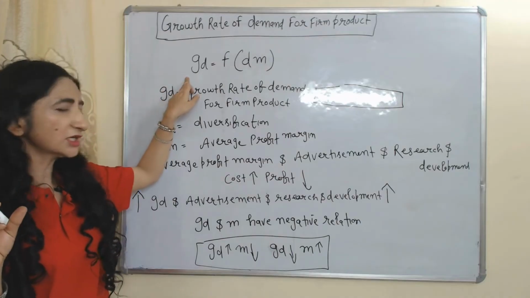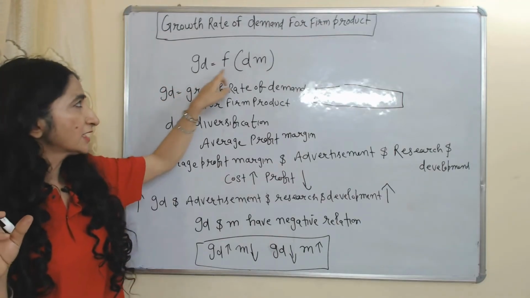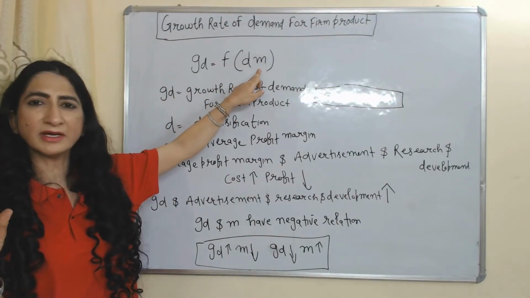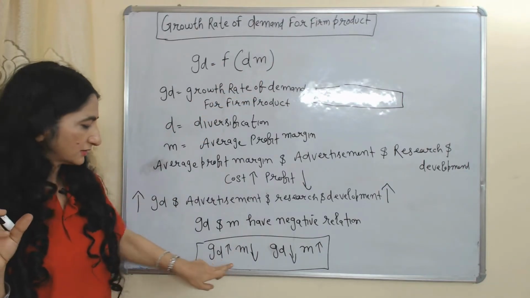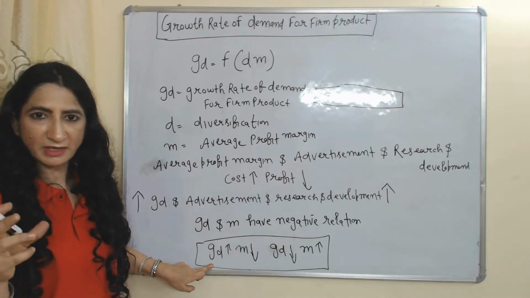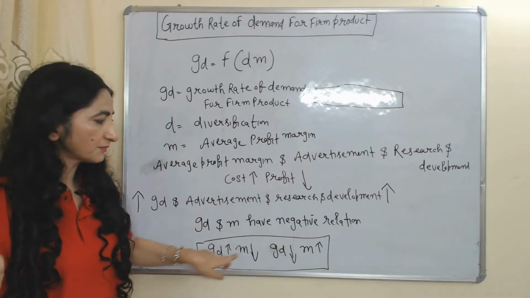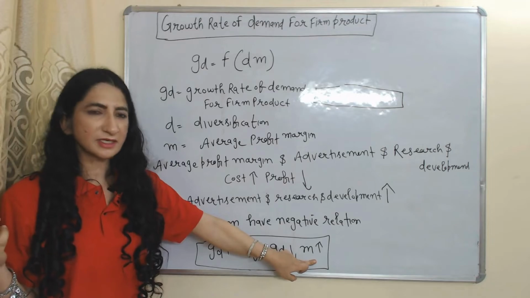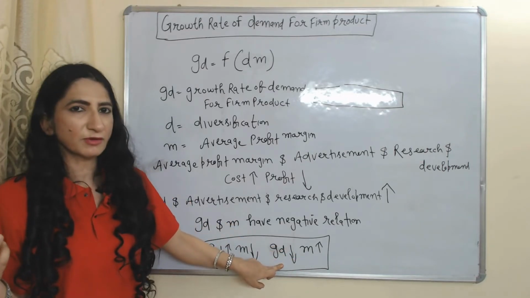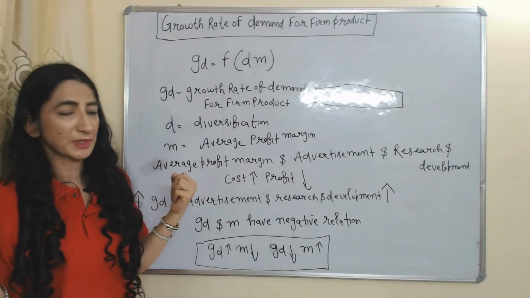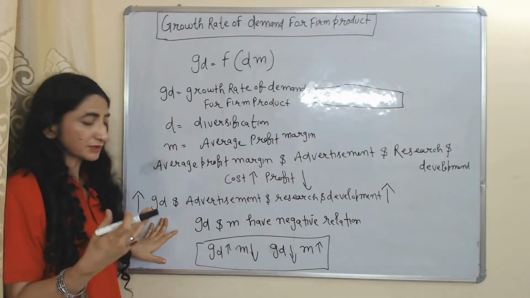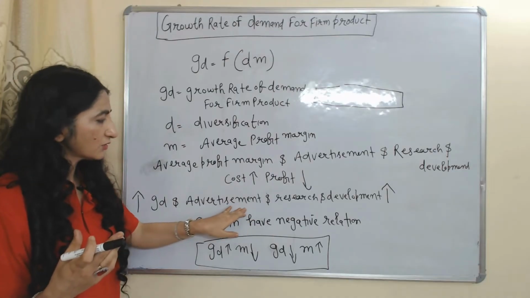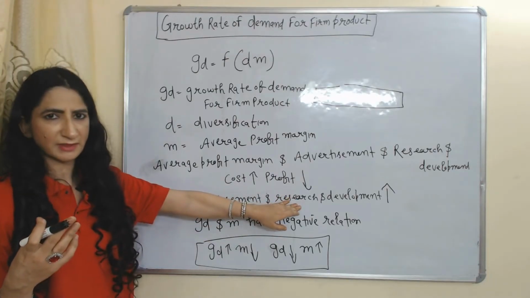And the growth rate of demand for the firm's product and average profit margin have an inverse relation. When average profit margin falls, that means the growth rate of demand for the firm's product will increase. When average profit margin increases, the growth rate of demand for the firm's product falls. But why? Because the growth rate of demand for the firm's product will increase when expenditure on advertisement and research and development increases.